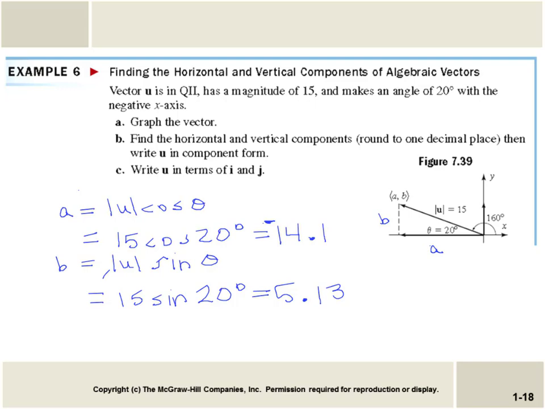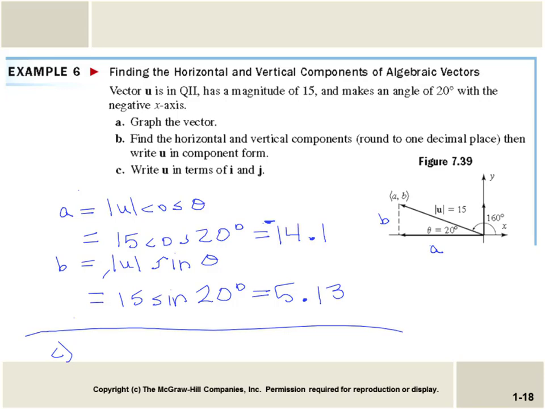As far as C goes, I'm not going to go over that right now because we're going to go over that a little bit later. But there's another way to write it. I'll just say it real quickly. For C, this is what electrical engineers use more, i's and j's for vectors.